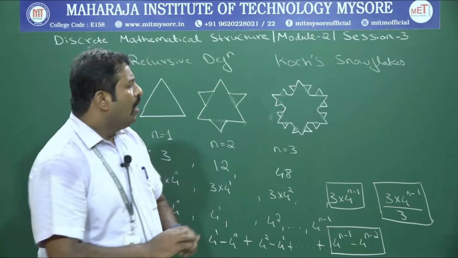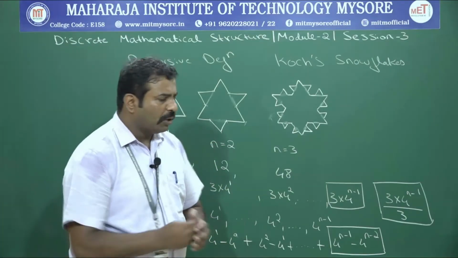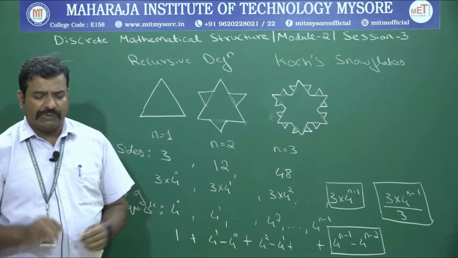Fine. So now this can be a recursion, or this can be any sort of operation. This can be put in the form of a general equation.